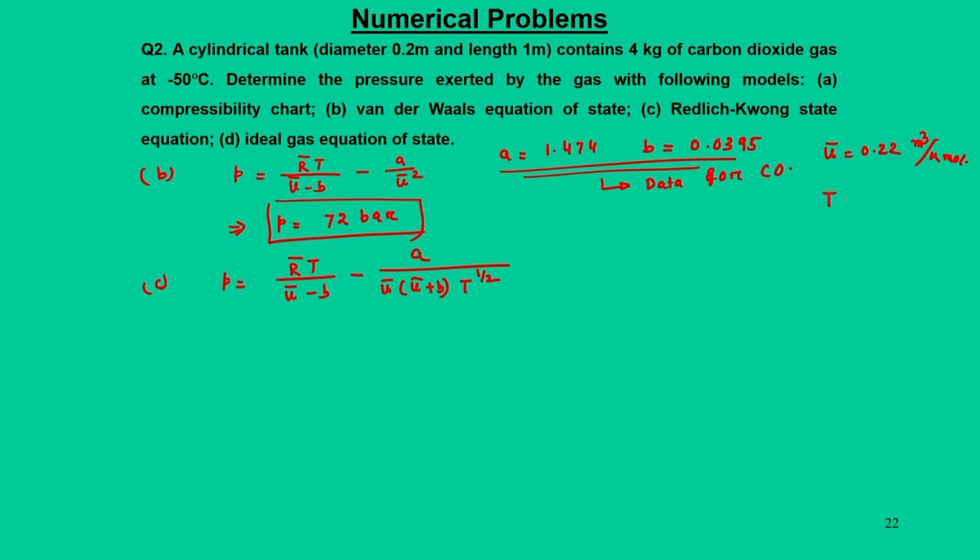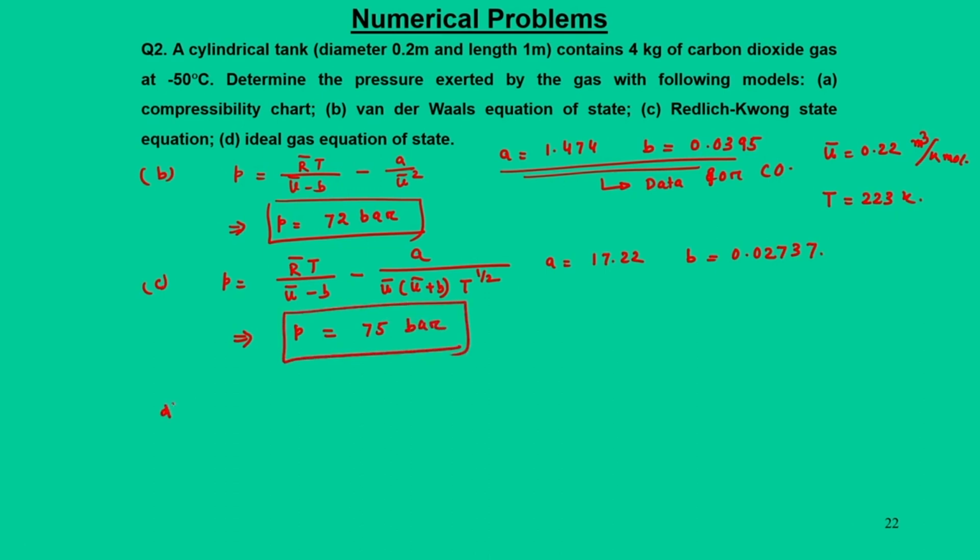You have V bar is this, T is equal to 223 Kelvin, and the constants for the Redlich-Kwong equation are A is equal to 17.22, B is equal to 0.02737. Now, by inserting these values we can get P is equal to 75 bar.